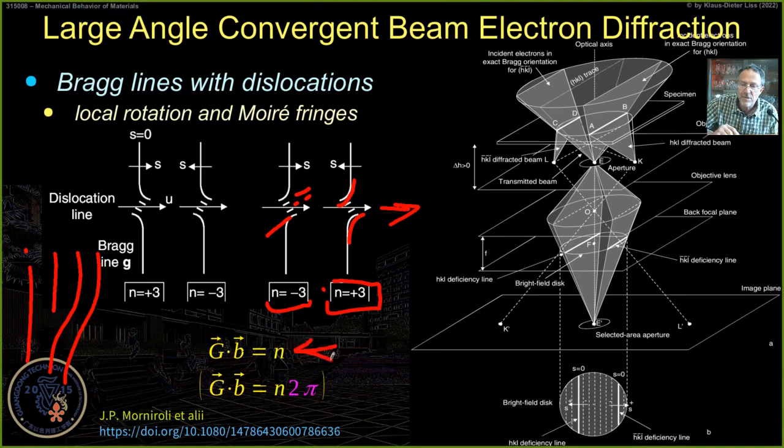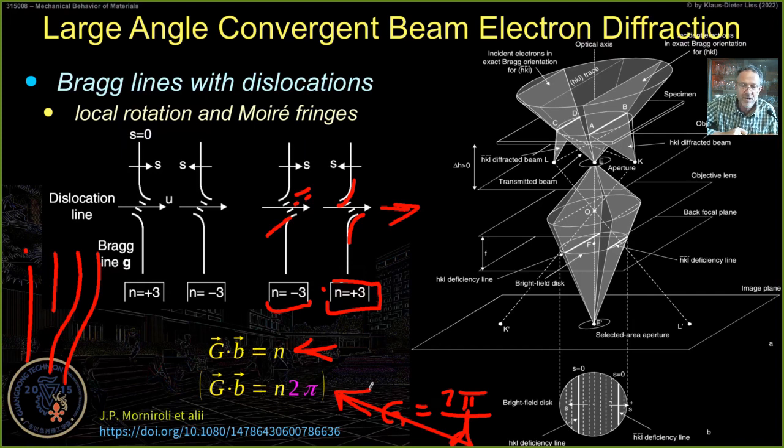This is in the notation where G is 1 over D, or we have G equals 2 pi over lattice spacing D. Then we need to take this equation in brackets. So the n is then G dot B over 2 pi.